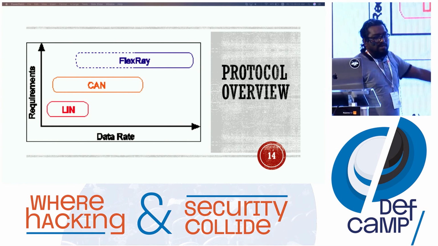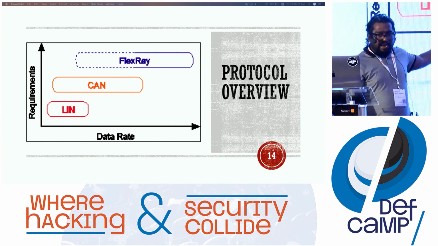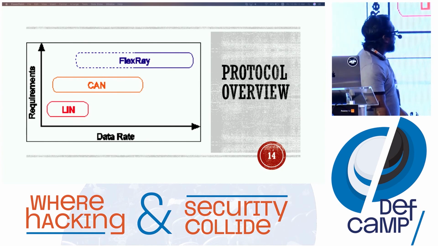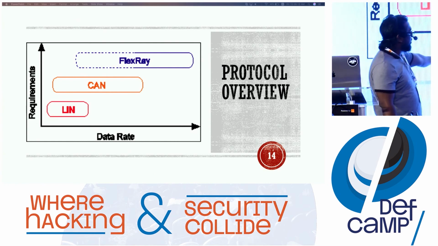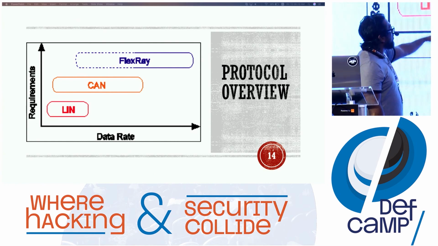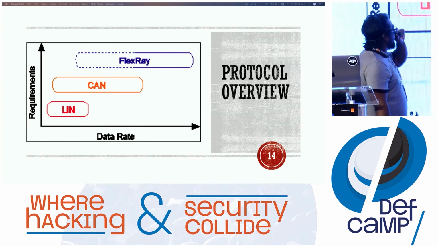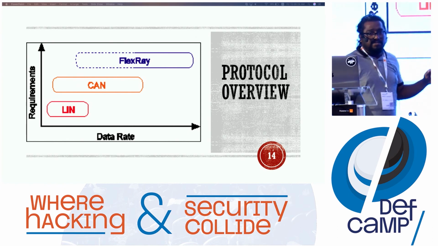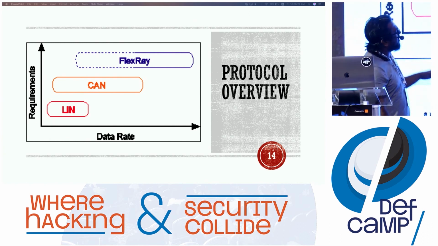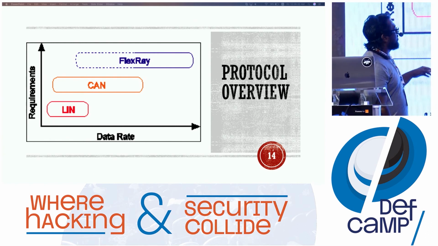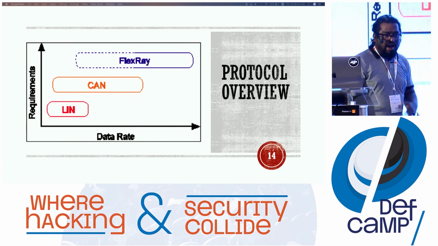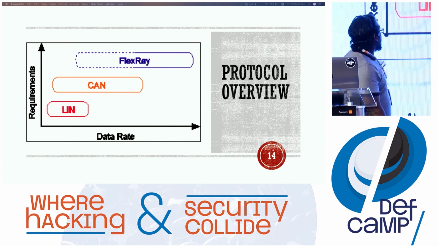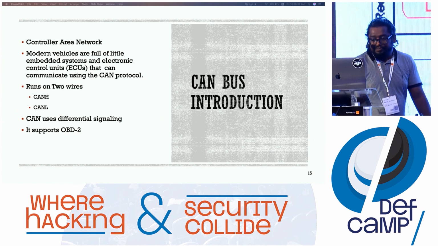Compared with it, CAN bus has a huge demand in the market, and the data rate is the highest. Talking about FlexRay, it is getting outdated, but its speed is higher than CAN bus, though the requirement has also increased.